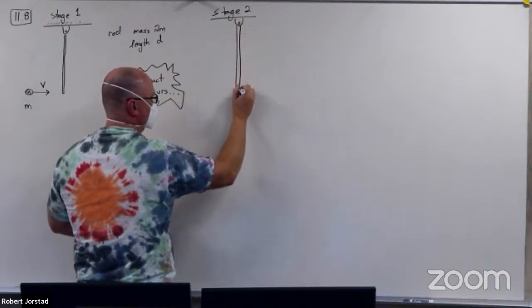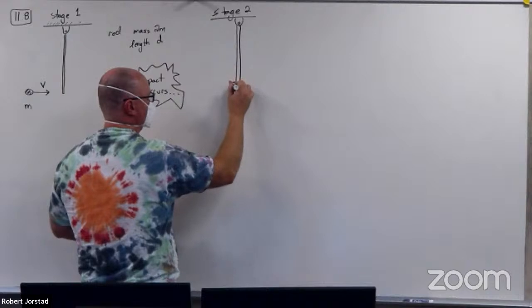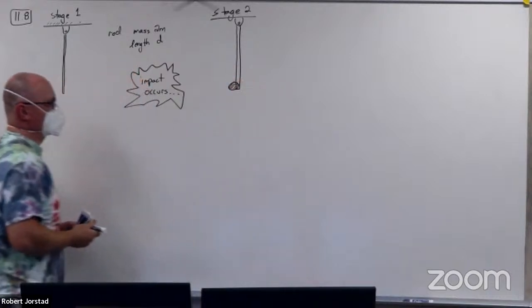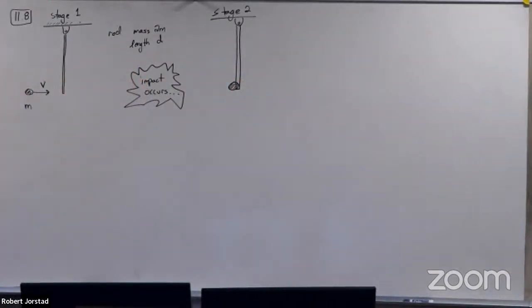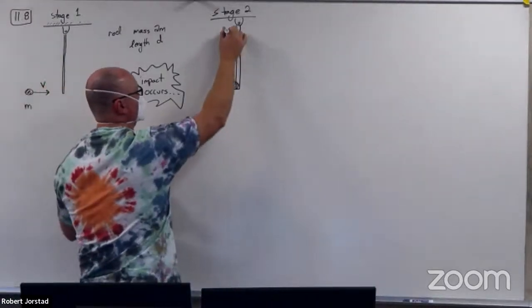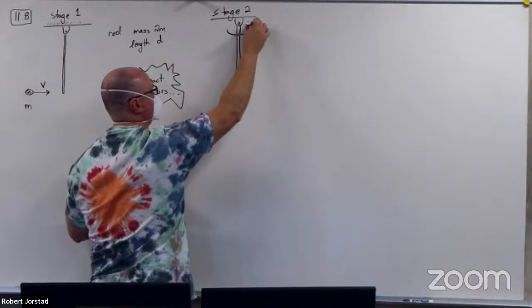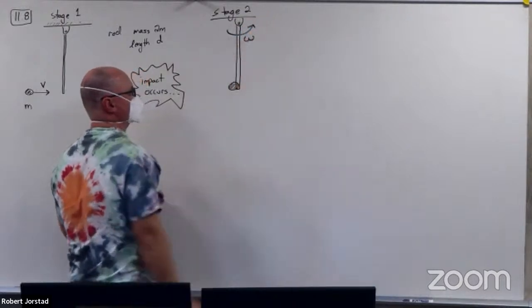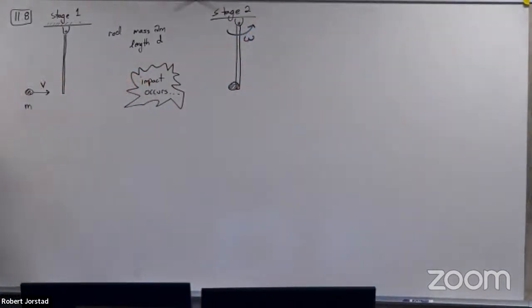We're told that the collision time is very short, so I'm assuming that the rod has not had much time to rotate. But it is rotating upwards at some rate omega, let's say.